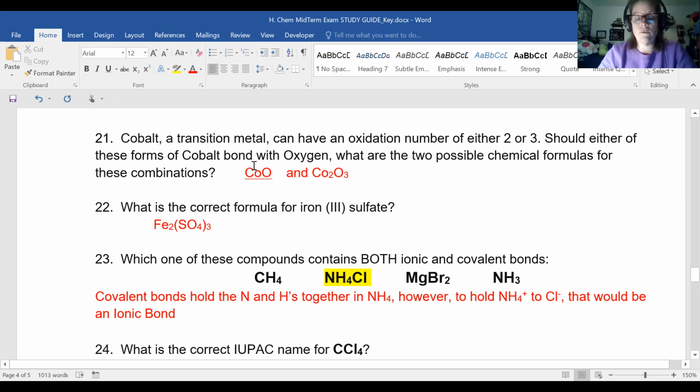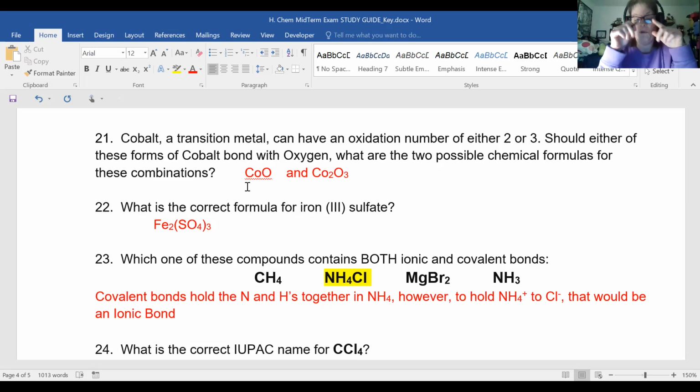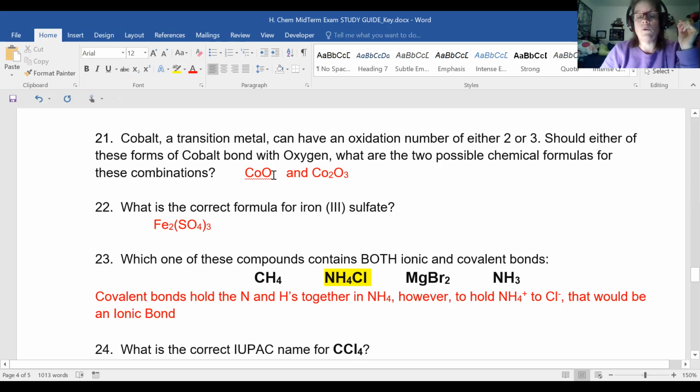We do the crisscross method, where you take the superscripts and crisscross them into the subscripts of the adjacent atom. In this case, they're both 2s, so we reduce them to 1s for each. And remember, if you have a 1 as a superscript or subscript, you don't write it. So that's how we end up with CO for cobalt and oxygen. There's just one of each.